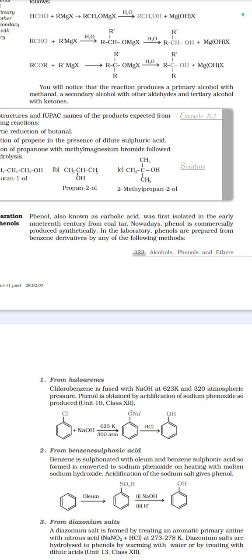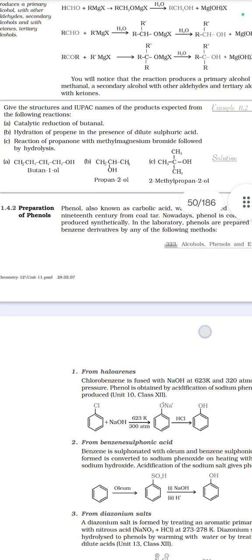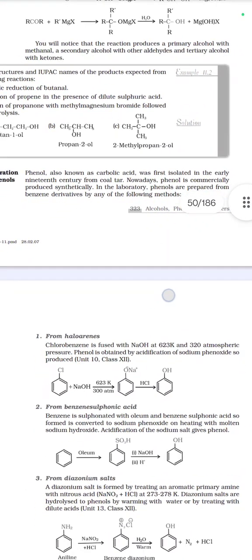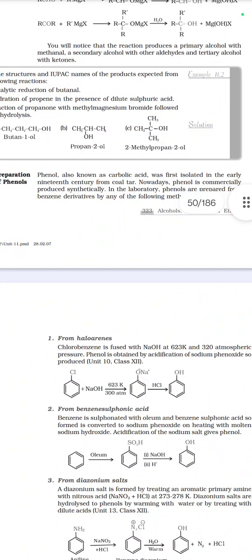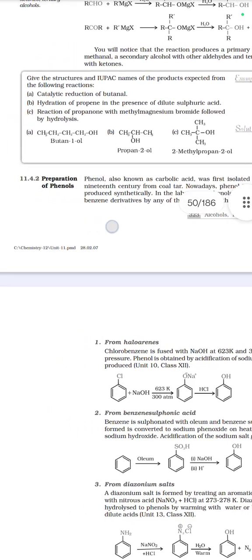RCOR plus RMgX gives RCRR'OMgX, which gives RCRR'OH plus MgOHX. You will notice that the reaction produces a primary alcohol with methanal, a secondary alcohol with other aldehydes and tertiary alcohol with the ketones.